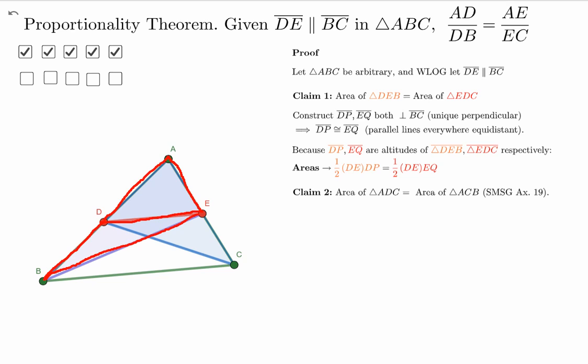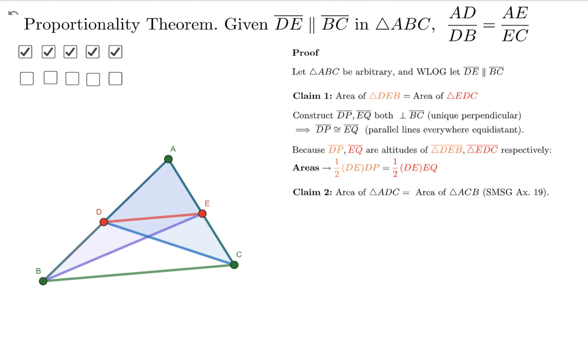Well, I know that this triangle, DEB, has the same area as this one over here. And then they both share this area here in the middle. So we're just extending the idea that these two areas were equal. Well, I have this big triangle, so now we know that the area of triangle ADC and the area of triangle ACB are also equal.